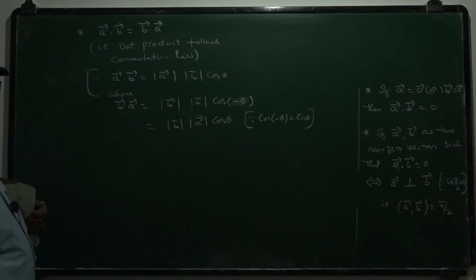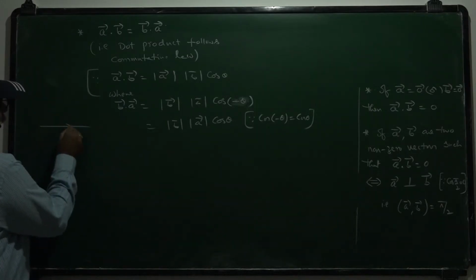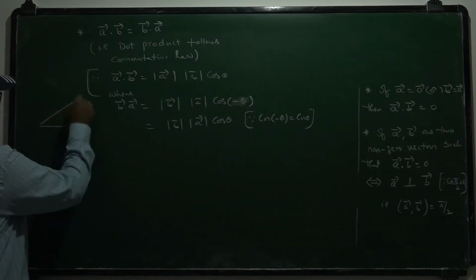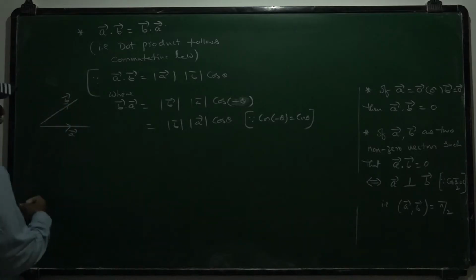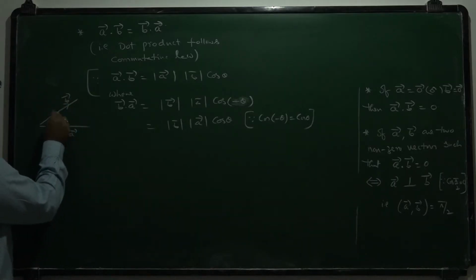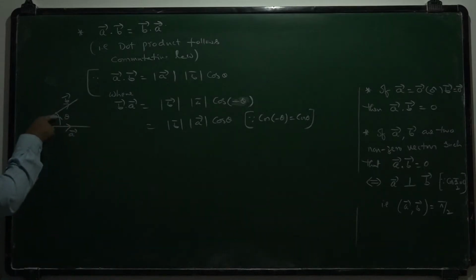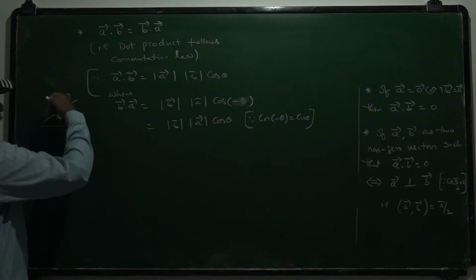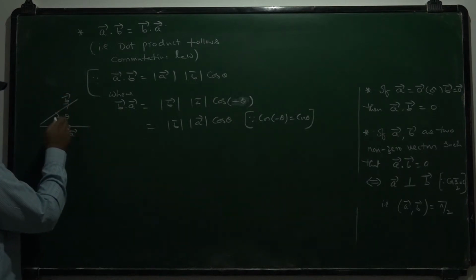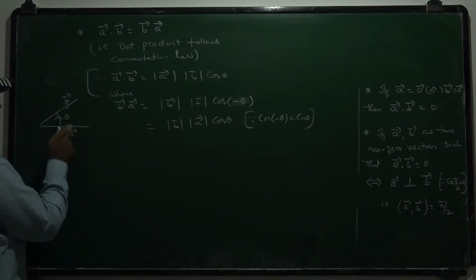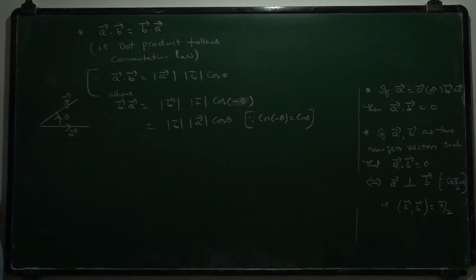The angle made by b bar with a bar is theta. Suppose this is a bar and this is b bar. A dot b is considered as mod a mod b, cosine of the angle between a and b. The angle made by b with a is theta. In this case, the angle made by a with b is minus theta.